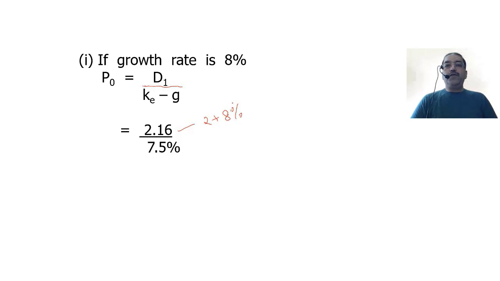In the previous part, it was 2 plus 5% because growth rate was 5%. Now it is 2 plus 8% divided by 7.5%. How did I get 7.5%?